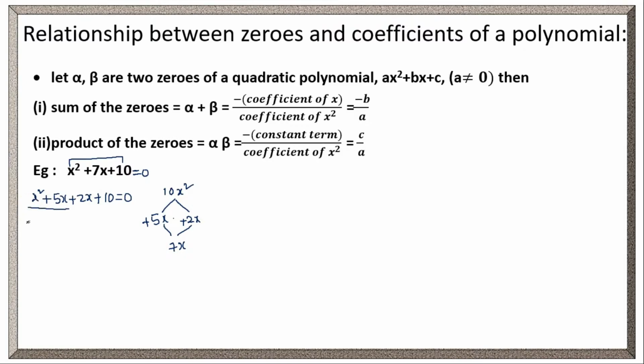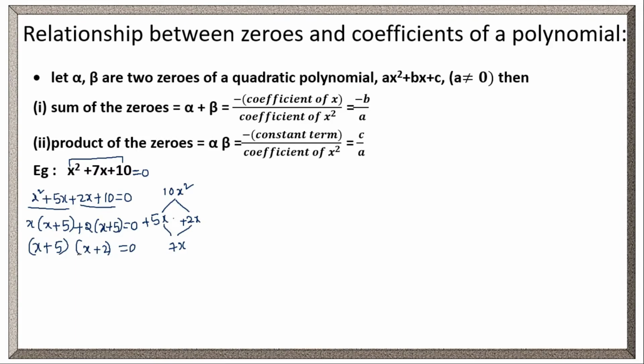From the first two terms, what can we take common? x. x into x plus 5 plus, from the other two terms, 2 is common. 2 into x plus 5 equal to 0. x plus 5 is common, right? So x plus 5 into what remained? x plus 2 equal to 0.